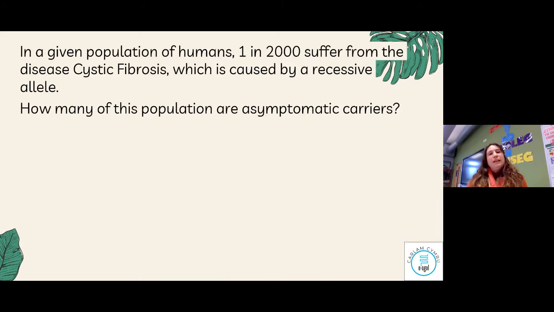In a given population of humans, 1 in 2,000 suffer from the disease cystic fibrosis, which is caused by a recessive allele. How many of this population are asymptomatic carriers? Let's go through this one together.